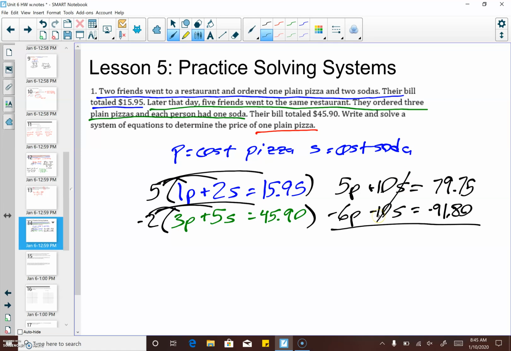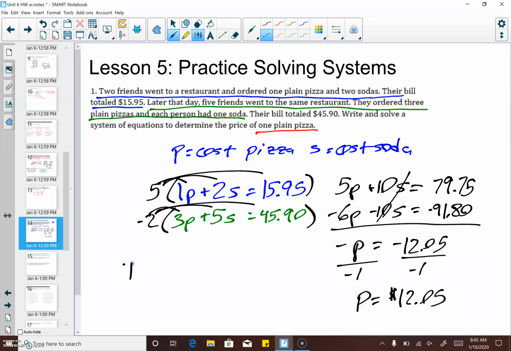So I cancel out my S's. I get -P equals, when I do my money together, we get -$12.05. Divide both sides by -1, and I get P equals $12.05. So since they were only asking for the cost of a pizza, we've answered the question.